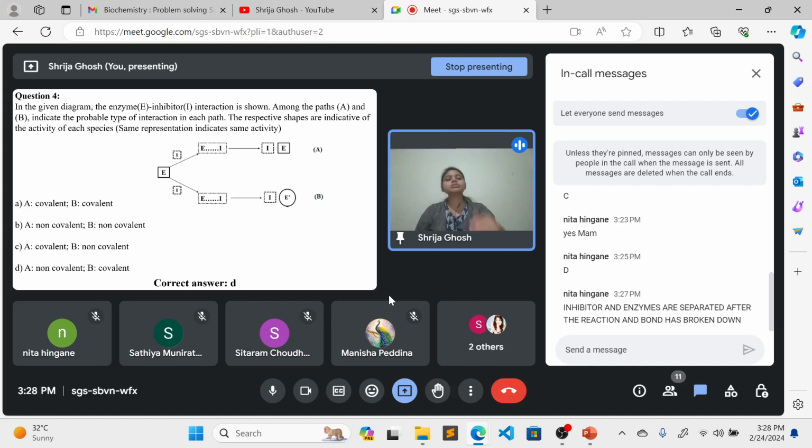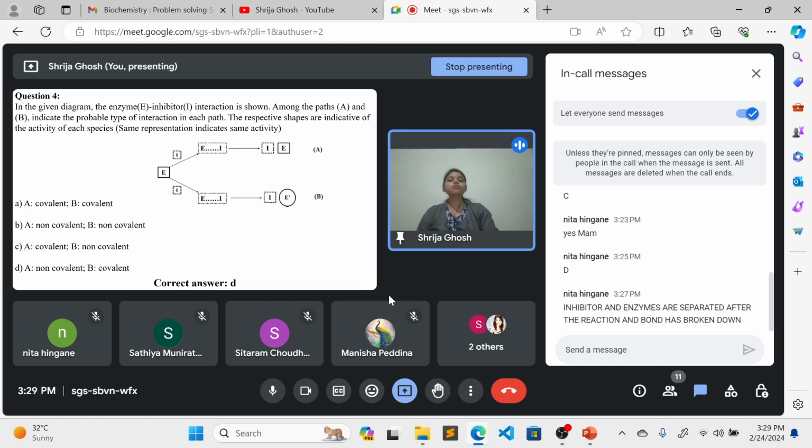When the inhibitor is released, the enzyme is again active. But in the second case, when the inhibitor is bound, the enzyme is inhibited. Once the inhibitor is released from the enzyme, even then the enzyme's activity has been hampered. That means the inhibition that has happened was irreversible. You cannot go back to its active state now.